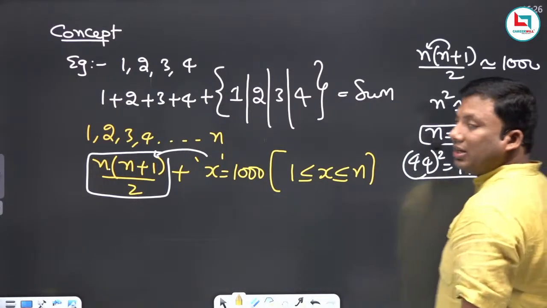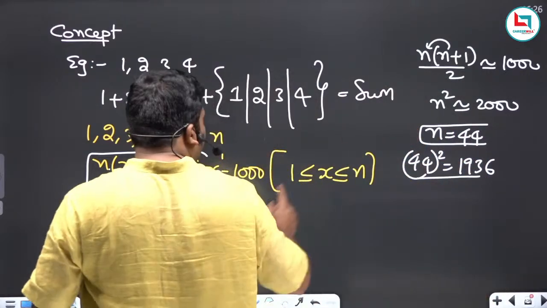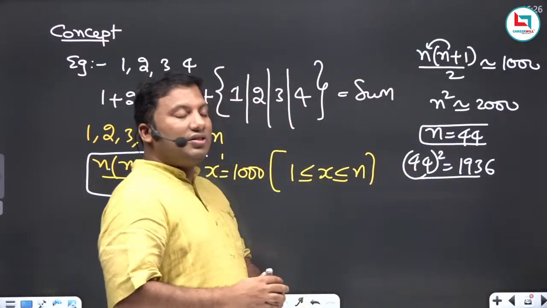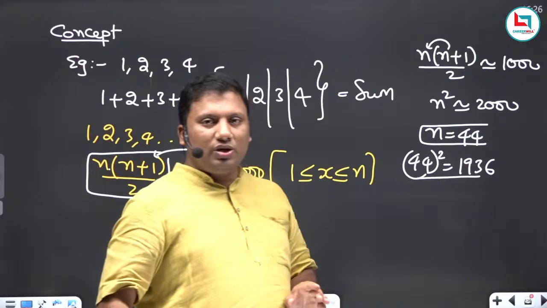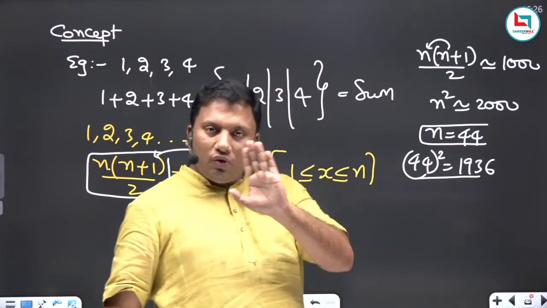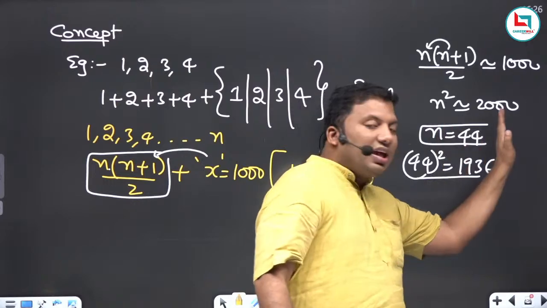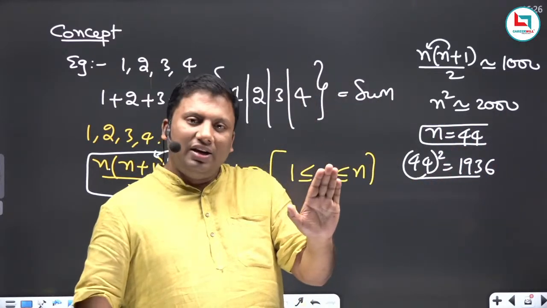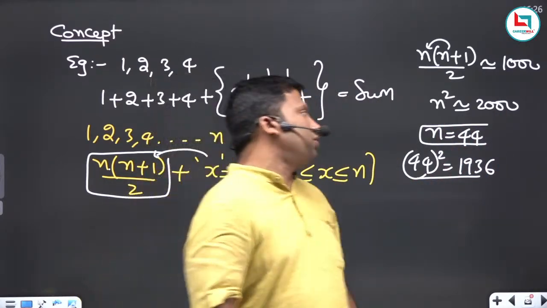A student might get a doubt. Anil sir, you did an approximation here, but in the next step you used equals. If I prove to you that for n less than 44 no value will work, and for n greater than 44 no value will work, then that means n is 44.